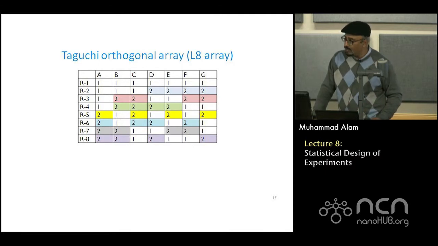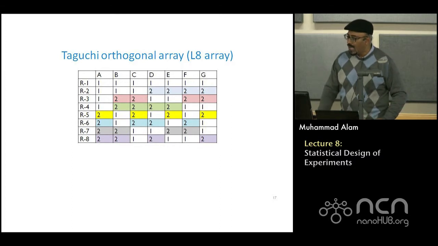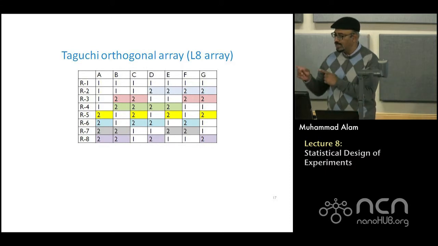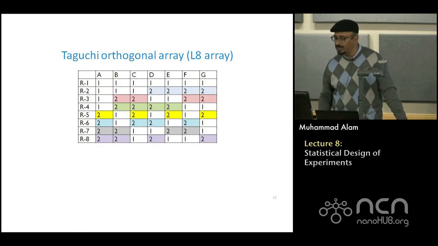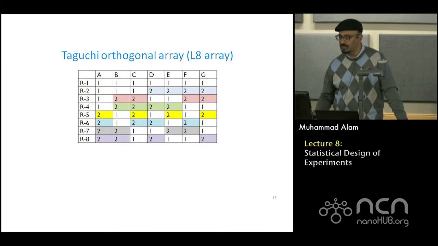But remember, my problem was 128, and I can only do 8. Which 8 should I do? I should not really do it sequentially, one at a time, and look at the current. That's a bad idea. What I should do is randomize ahead of time, do the experiments, then wherever the chips lay, that's what it's going to be.